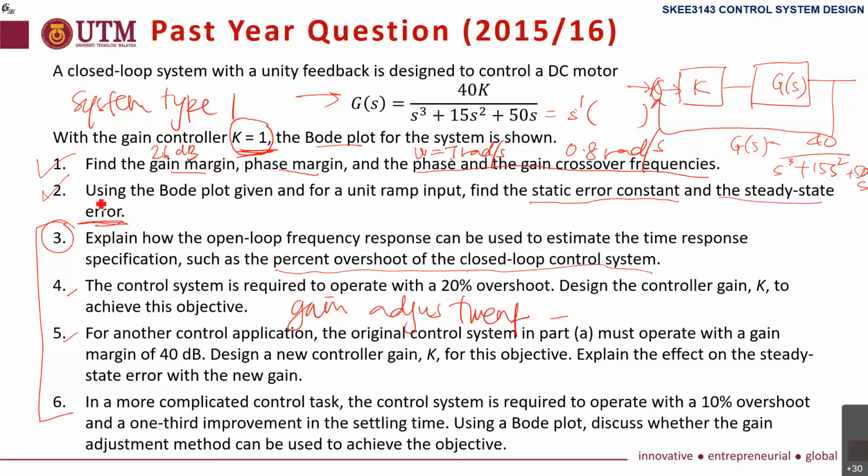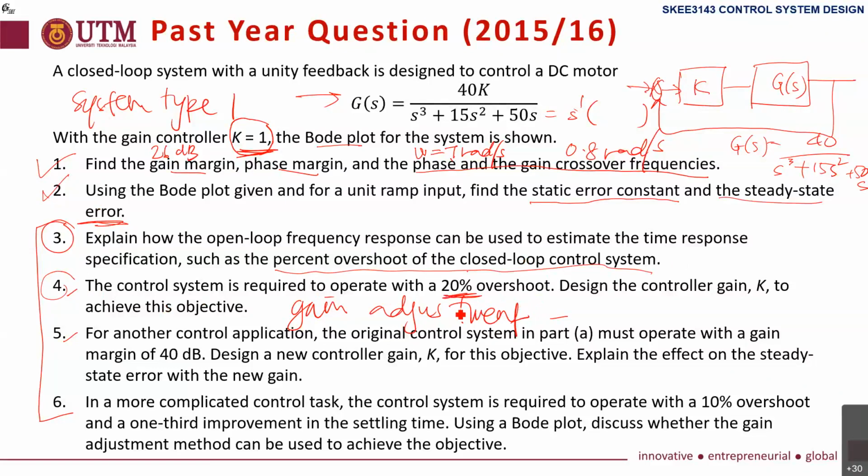Okay, let's move to number 4. The control system now is required to operate at 20% overshoot. So now we want 20% overshoot. This is an example in which we can relate the Bode plot with a time response in a closed loop system.